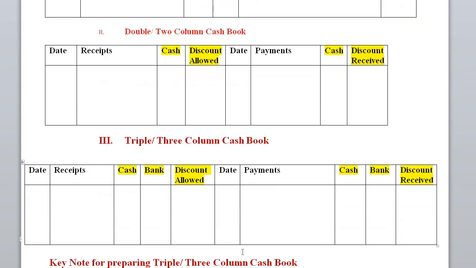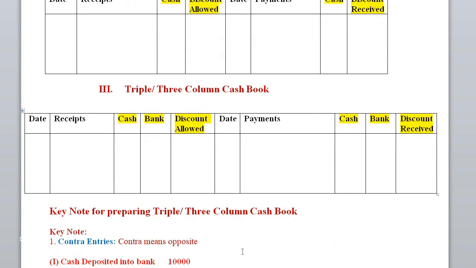Let us move to the triple column cash book. The triple column cash book is also known as three column cash book. In the single column cash book, we recorded only a cash column. In a double column cash book, cash, discount allowed, cash, discount received.